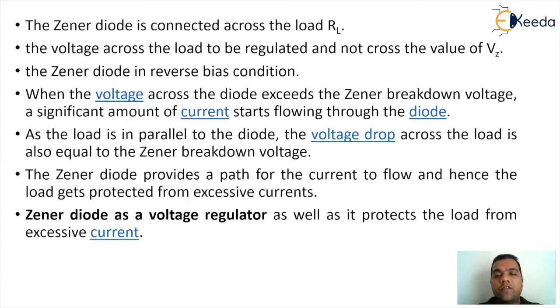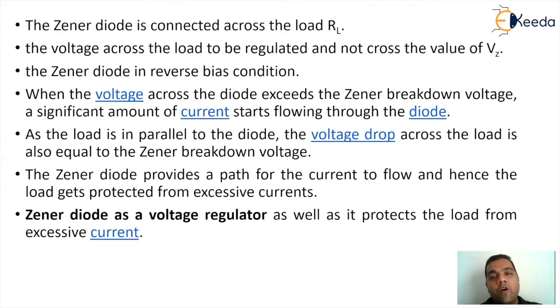Now, because of the Vi fluctuation, the Vi will rise. If Vi rises, the current I will also try to rise. But simultaneously, the reverse voltage across the Zener has increased. Since the reverse voltage across the Zener has increased, the Zener diode will consume a larger current.